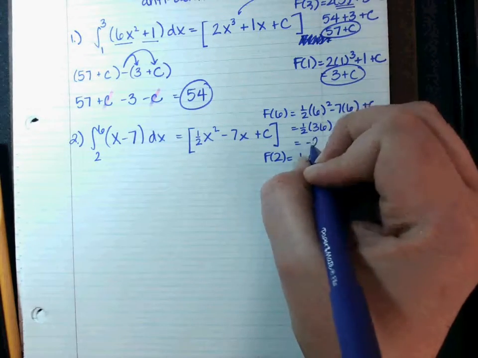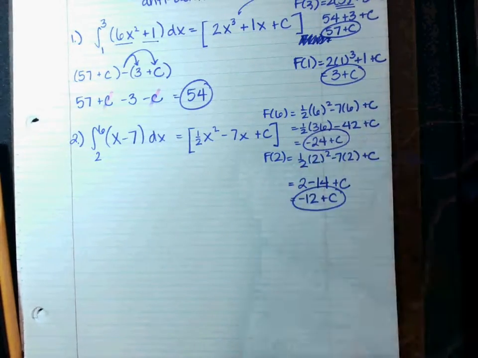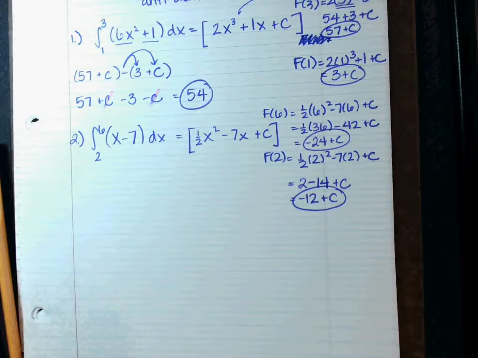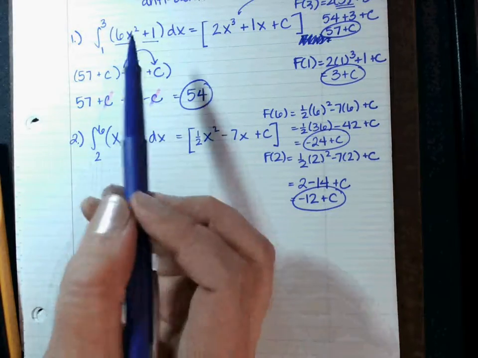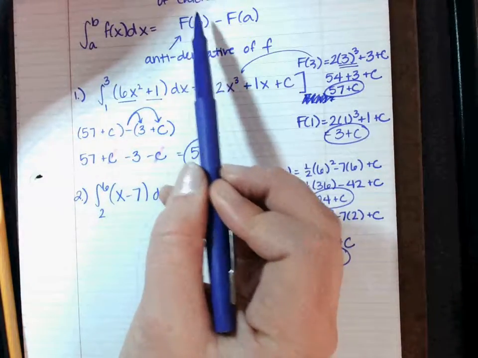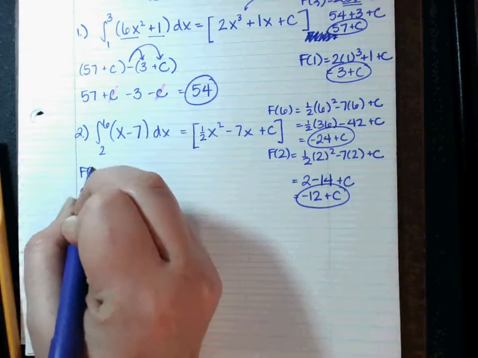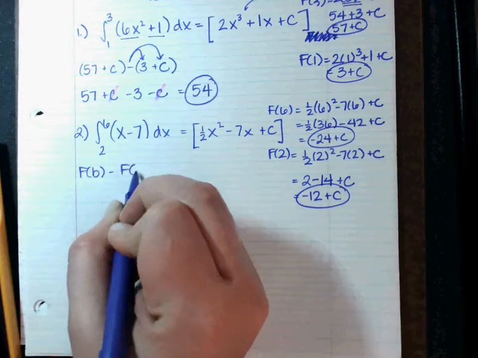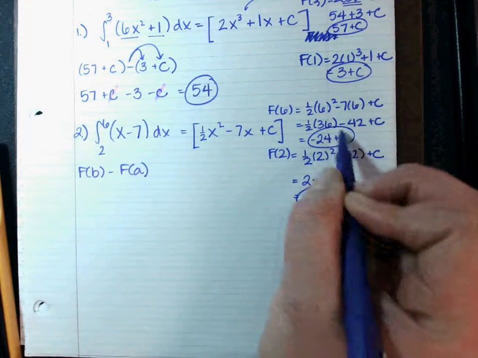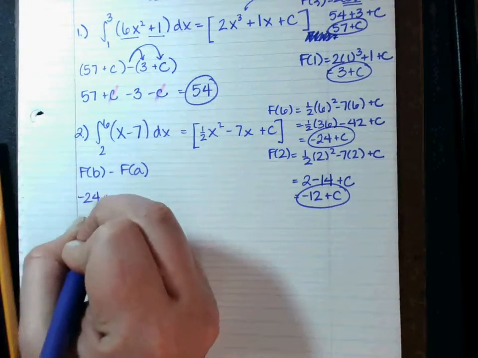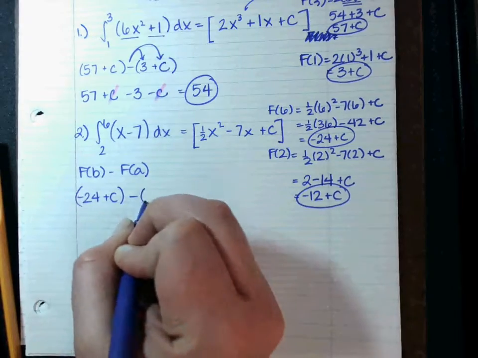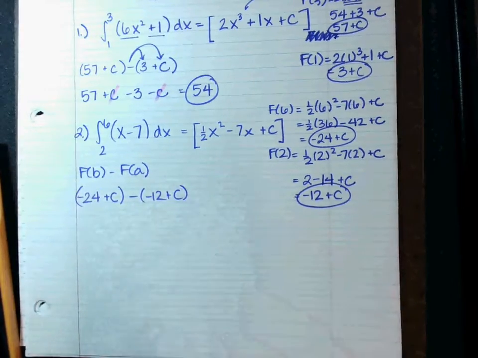negative 24 plus c. Okay, then remember from here, I want to do capital F of b minus capital F of a. So that would be negative 24 plus c minus negative 12 plus c.